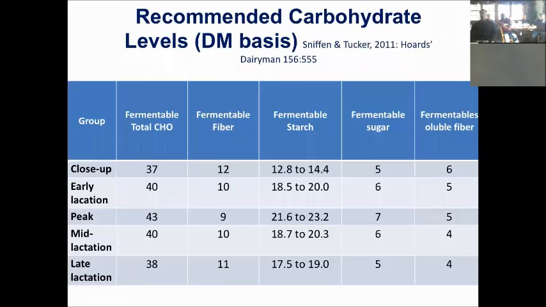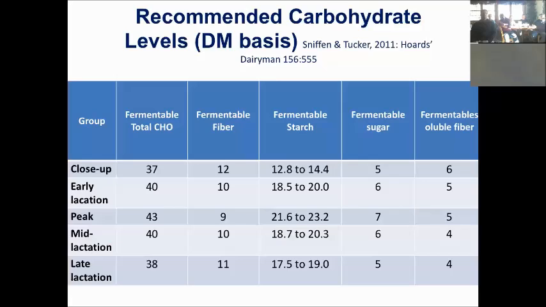Here are some recommended carbohydrate levels on a dry matter basis in a diet. I know there are a lot of numbers here, but as we talk about starch through this presentation, and when you look at other presentations by other people, people are talking about starch in the diet, but they're also talking about fermentable starch, and fermentable carbohydrates.